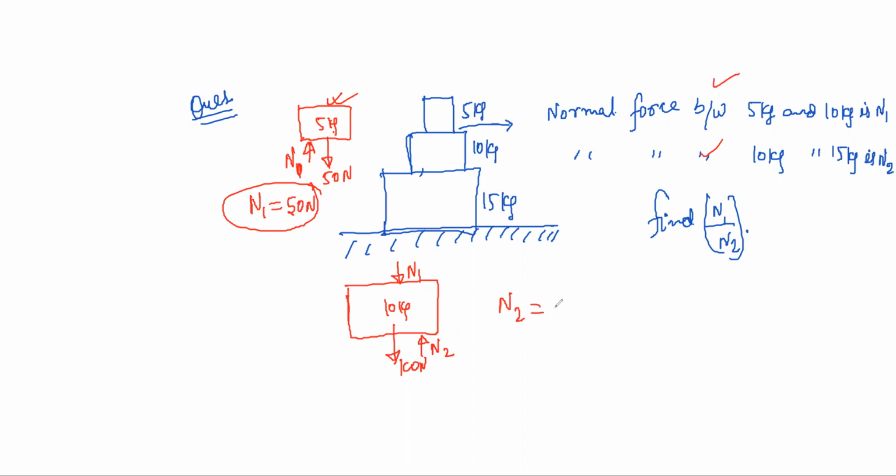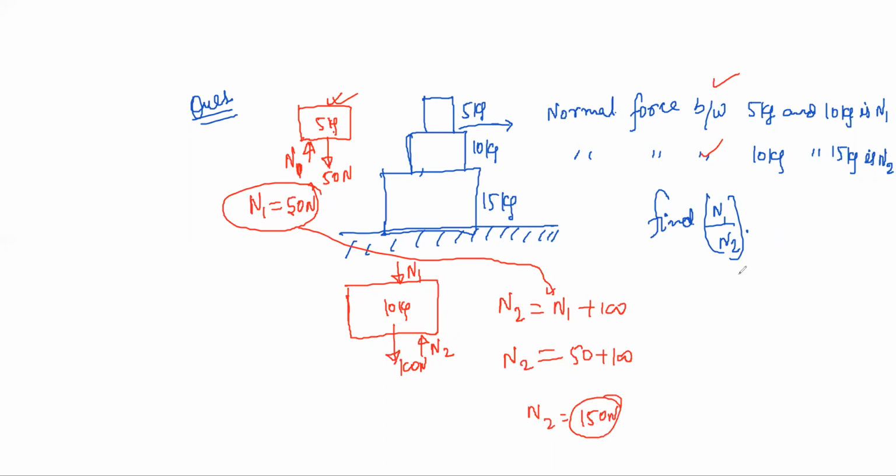N2 will be equal to N1 plus 100, isn't it? And we find the value of N2. We will put the value of N1 in this equation, so this should be 50 plus 100. So N2 will be equal to 150 Newton.